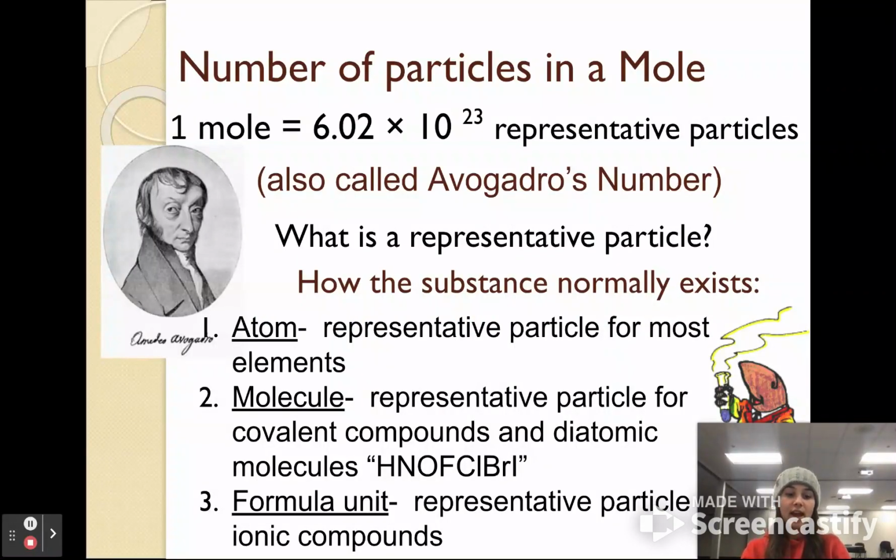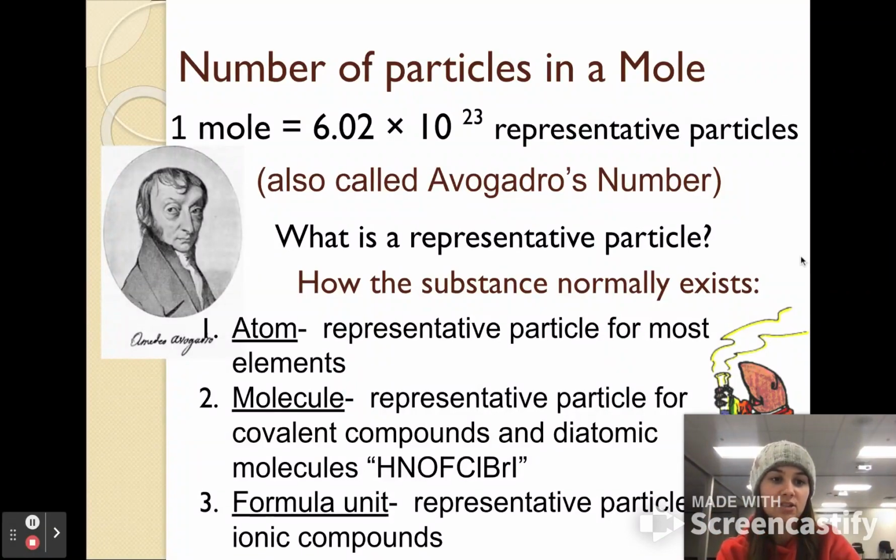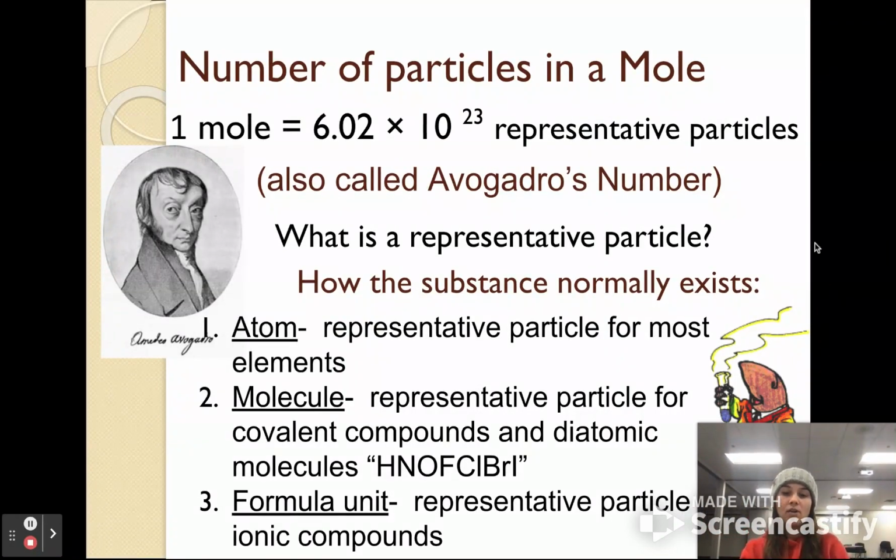We can also calculate how many particles are in 1 mole. This is called Avogadro's number. So remember how I told you atoms are very, very tiny. We have our electrons, our protons, our neutrons, and a whole bunch of atoms floating out in space, right? Well, my atoms are very tiny, but we actually have a way to calculate, for instance, the amount of oxygen molecules in the air in this room.